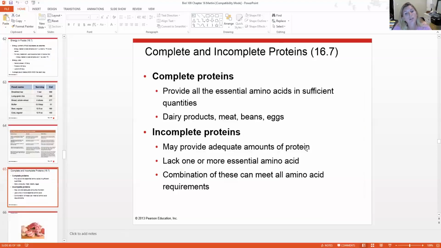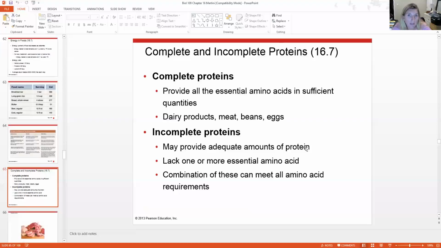A complete protein is a protein that provides all of the amino acids in sufficient quantities. These are our animal products. Dairy, beans, well, beans obviously are not animal products, meat, eggs, those provide sources of complete proteins. Incomplete proteins contain inadequate amounts of amino acids. They lack the essential amino acids.